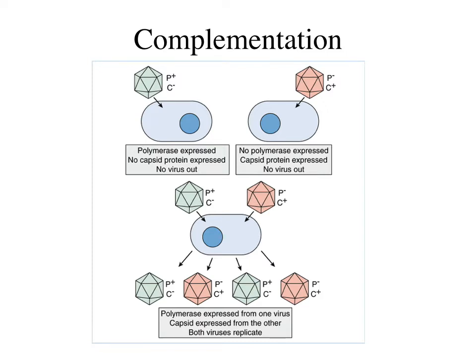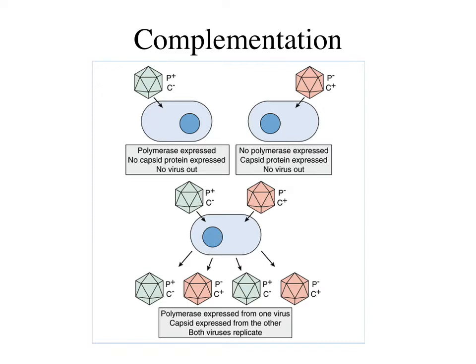Now with the pink virus, no polymerase is expressed, but the capsid protein is normal. But again, because there's no polymerase that can work, it's a mutated form, you don't get any progeny virus when that type of virus infects a cell by itself. But if you co-infect a cell with both of these, you can get progeny virus being produced, because one will produce a normal polymerase, the other will produce a normal capsid.